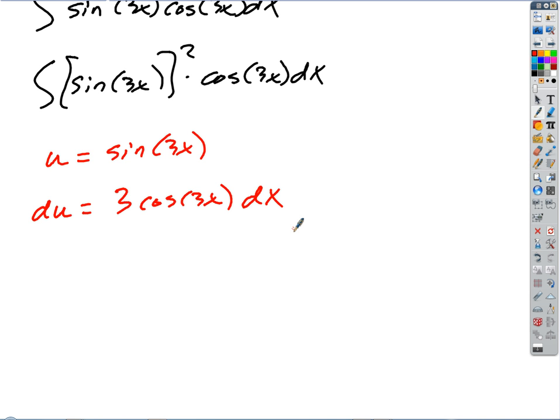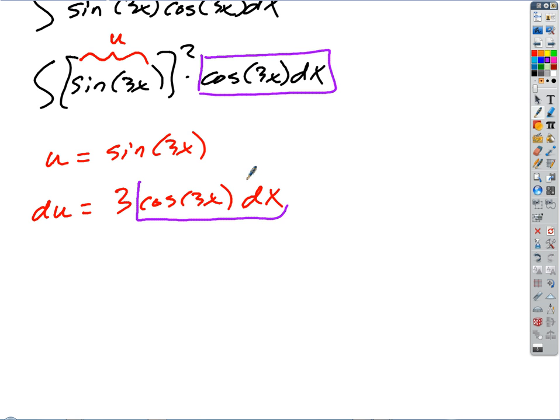Now look what we've got. This becomes, all that stuff is a u. Now what about this stuff over here? What we're left with, so we're going to get a u squared, aren't we? But we still have to trade that cosine of 3x dx for u stuff. Make that a 1/3 du. Well, there it is right there, isn't it? Right?